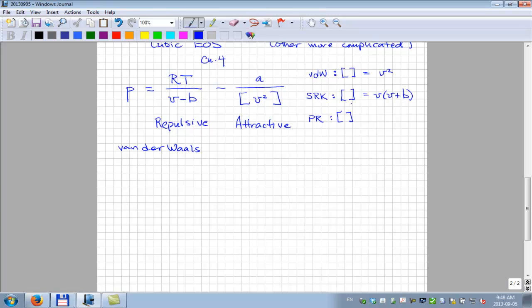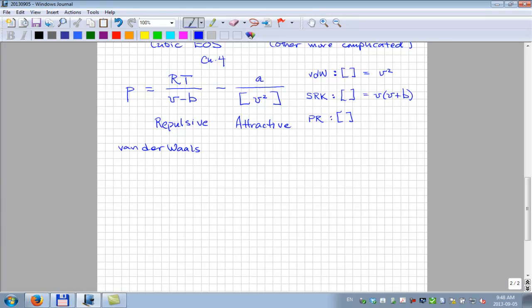I believe Peng was a graduate student of Dr. Robinson, who I believe was one of the Donald Katz University of Michigan folks. I think Robinson was in that group, and he went up to Canada, to a university there, and became a very famous professor, and he's most famous for this Peng-Robinson equation of state.